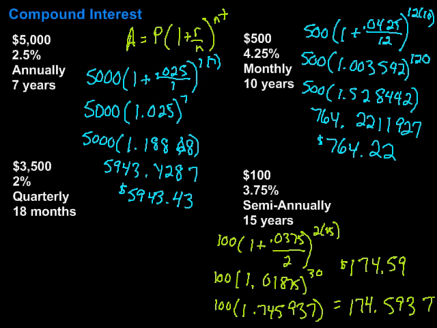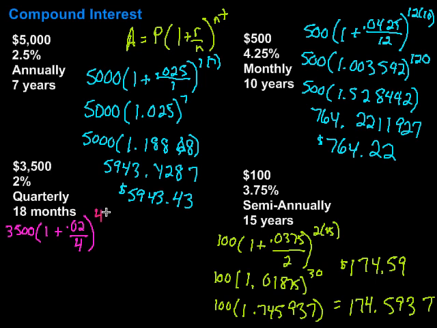One last one. In this case, just go ahead and start with what we're given. So 3,500 times 1 plus the rate, in this case is 2%, so it's 0.02, over, it says quarterly. So how many times a year is quarterly? Well, that would be 4 times.